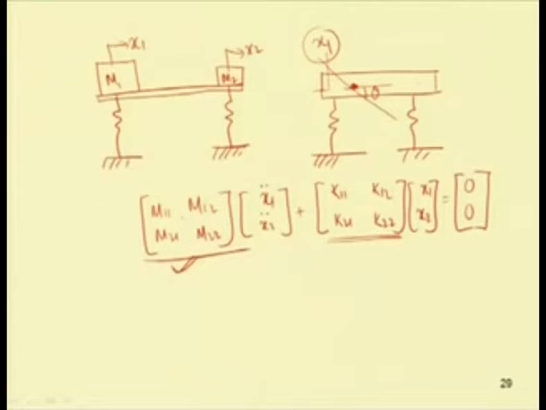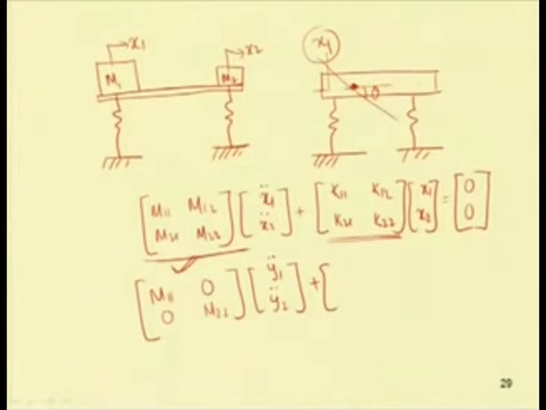If it is uncoupled, then we can get an advantage. Let the off diagonal terms be 0. In that case I can write the system equation in this form: m11, m22 times y1 double dot, y2 double dot, plus k11, 0, 0, k22 times y1 and y2, equal to 0, 0.